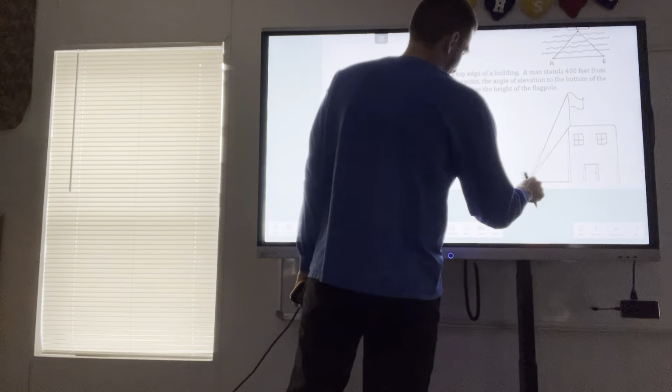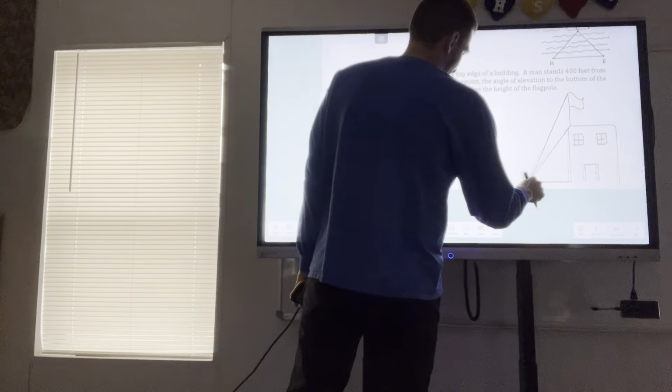Does that mean that this is 60 and this is 62.5? Sounds about right. No, because that would be 120, which means he would be looking like that. So is it 2.5? It is only the difference, nice job, of 2.5. So this little bit here is 2.5.